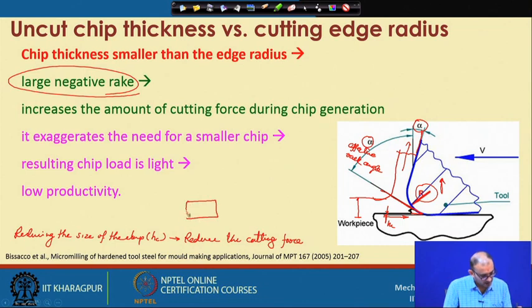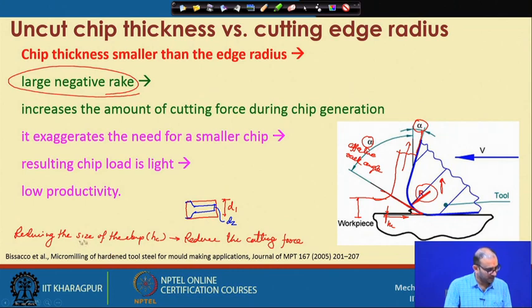let us use the turning operation. So now this initial diameter is D1, and then you want to reduce it to D2. Now this is your D2. And this is the amount of material you want to remove.